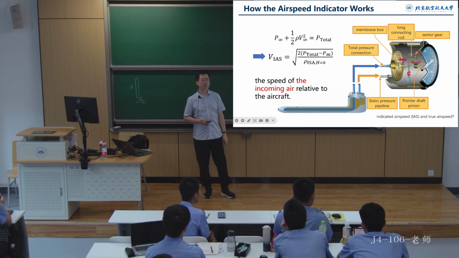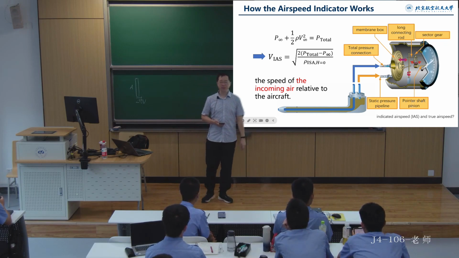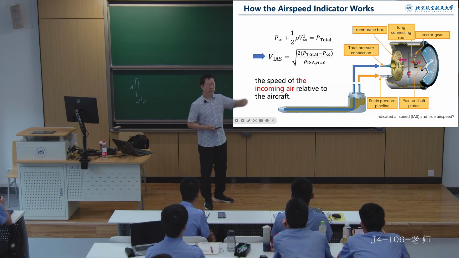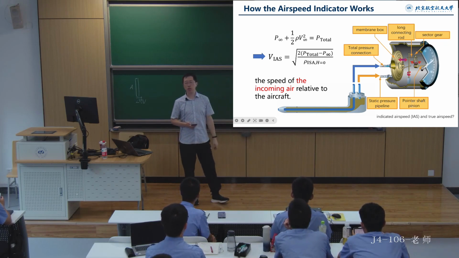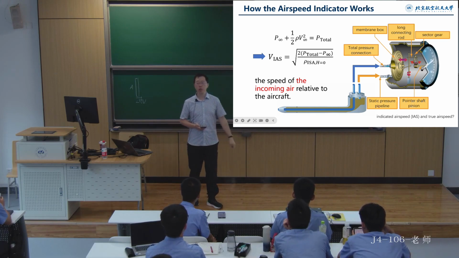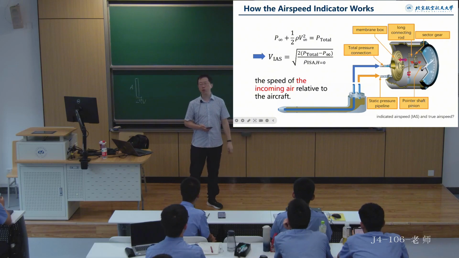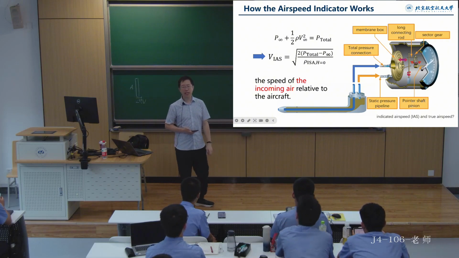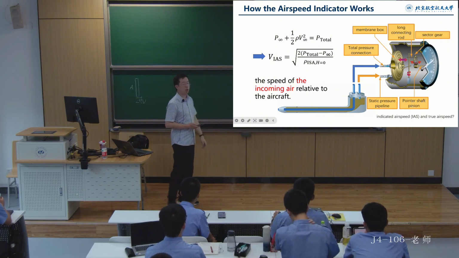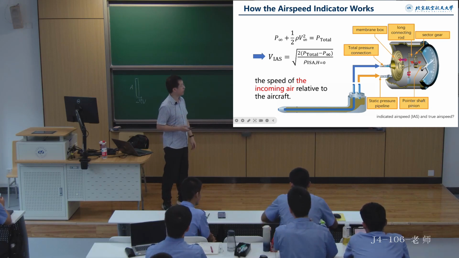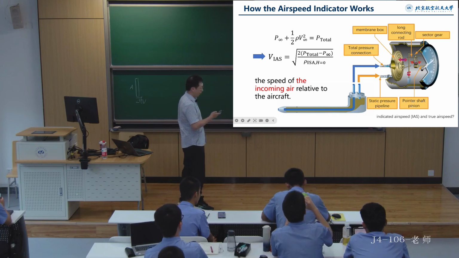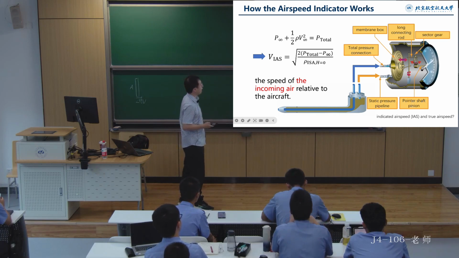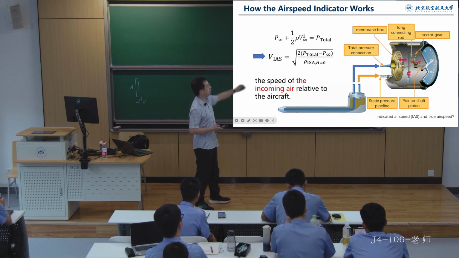In fact, in most windy weather conditions, the speed of the aircraft relative to the ground should be the vector sum of the airspeed and wind speed. Later, we will provide a detailed introduction to this. All right? Let's focus on our airspeed indicator. Now, let's take a look at the composition of the entire system.